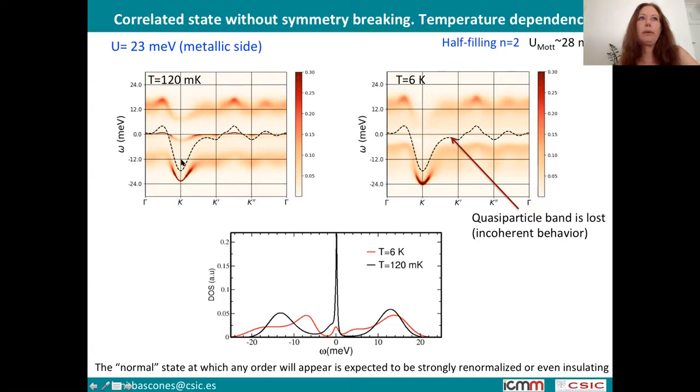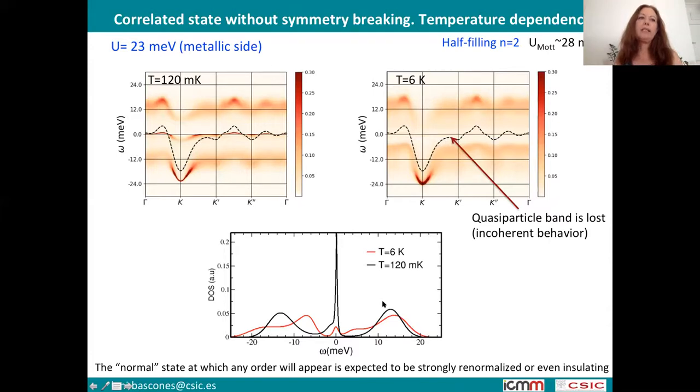This is to be compared with this non-interacting band, and this is the density of states here in black. But now we increase the temperature, and close to the Mott transition, this quasi-particle band will be kind of melted. So the system becomes more incoherent.